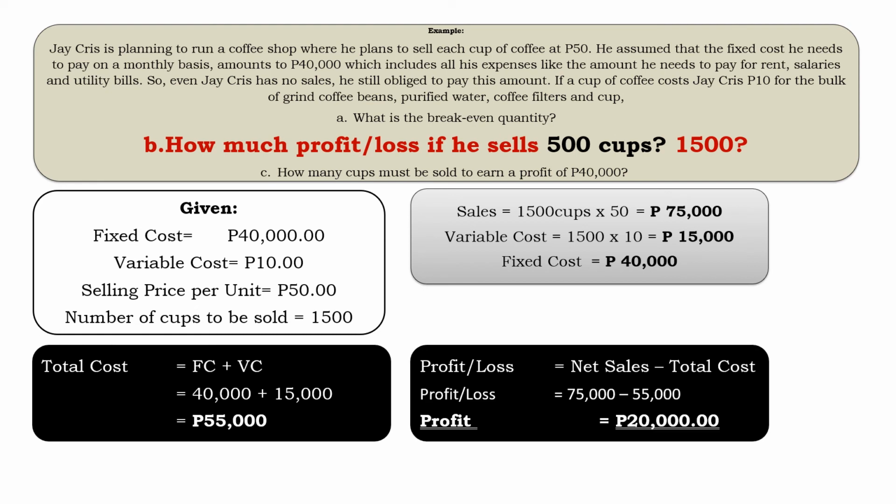Okay, profit or loss is equal to net sales minus total cost. To substitute, our net sales is 75,000 pesos and our total cost is 55,000 pesos. Now since our total cost is less than our net sales, therefore J. Chris earns a profit amounting to 20,000 pesos.